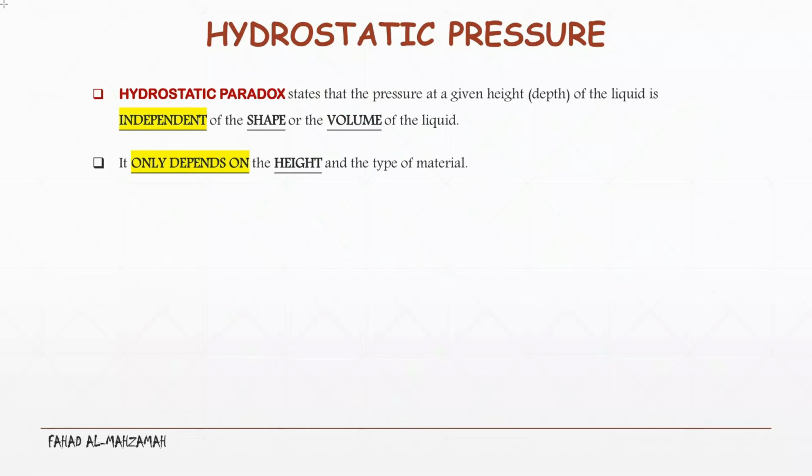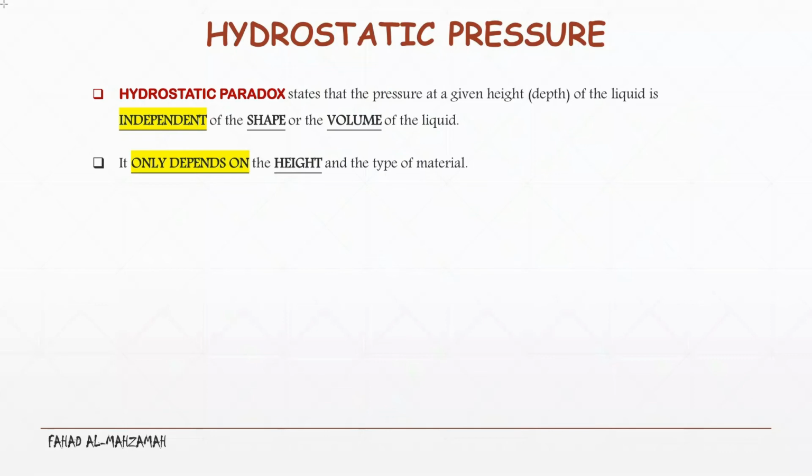As long as it has the same height and the same liquid, the pressure is the same, whatever the volume and the shape of the container. Okay, so if you fill a cup with 1 meter of water, and you fill a classroom with 1 meter of water, the pressure will be the same. Even though the shape of the container is very different, a cup and a classroom, and the volume of liquid, of course, is different.